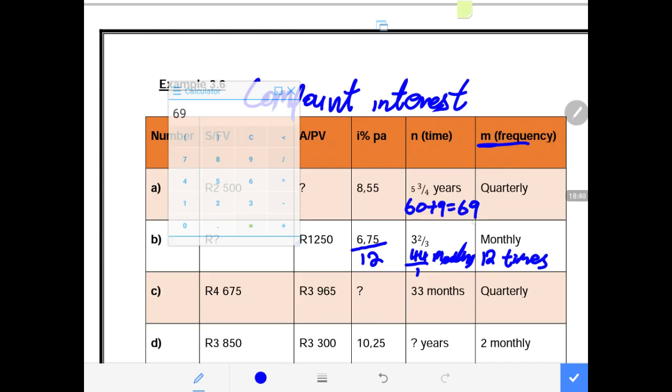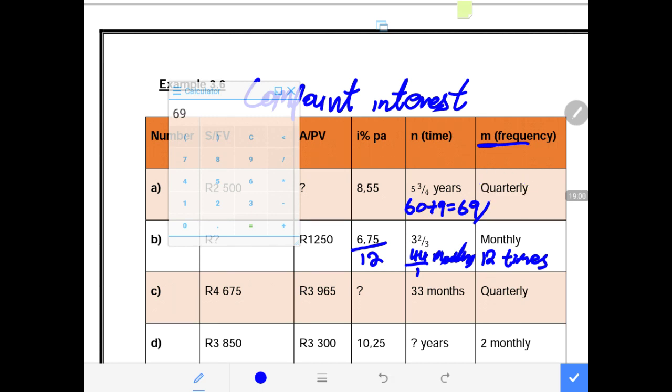So now, in the previous one, we could have said 69 months. Then we could have divided 69 months by the number of months in a compounding period, meaning the number of months in a quarter, because the compounding period there was a quarter.